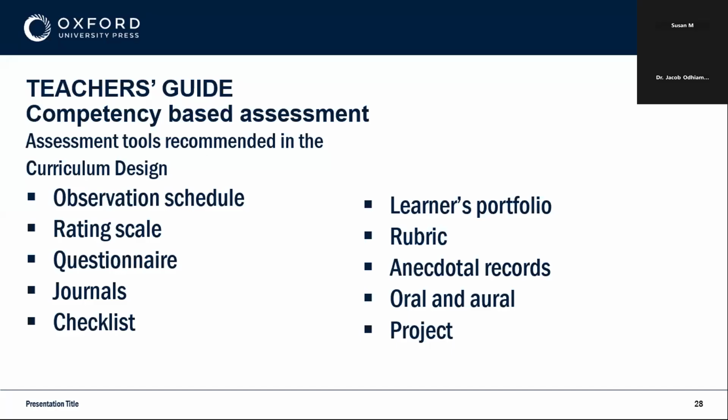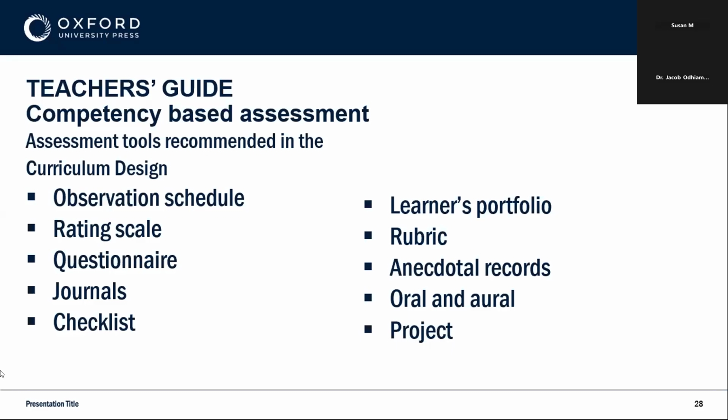Journals capture what the learners have been doing. Projects, practical work, stories they have written, poems they have written can be captured in a journal. And the tool will capture what the learners have done. Then the checklist, again, we have a sample.